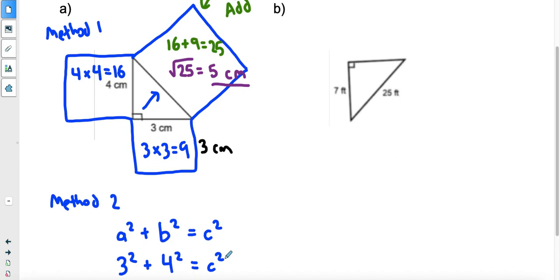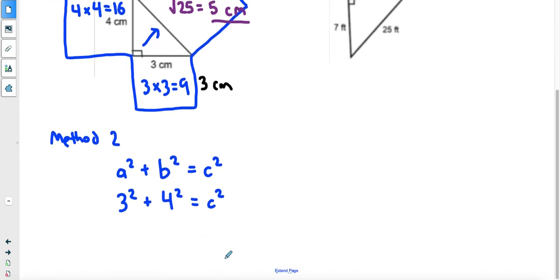Three squared, 3 times 3 is just 9. 4 squared, 4 times 4 is 16. 9 plus 16 is 25. Okay, so we know my side squared is going to be 25.